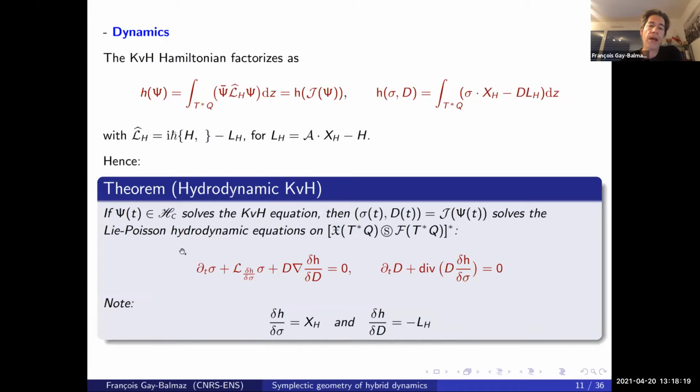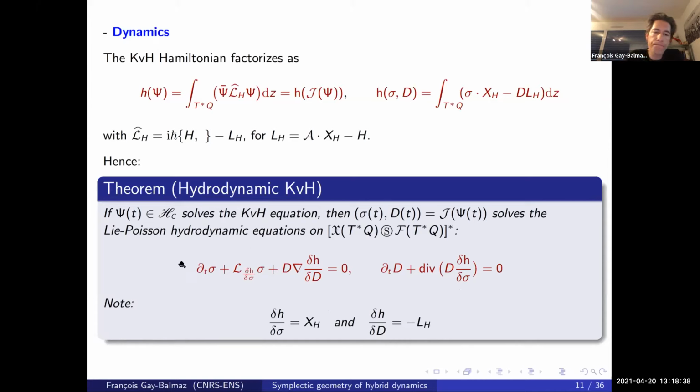So now applying the theorem that I mentioned before, that momentum maps send Hamiltonian systems to Lie-Poisson systems, this momentum map sends the KVH wave equation to some hydrodynamic equations on phase space.